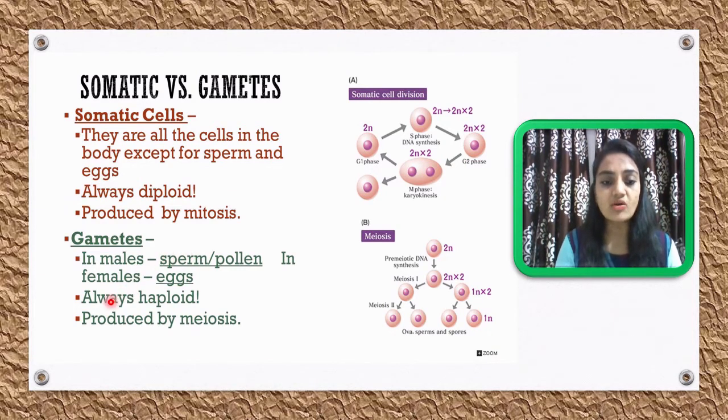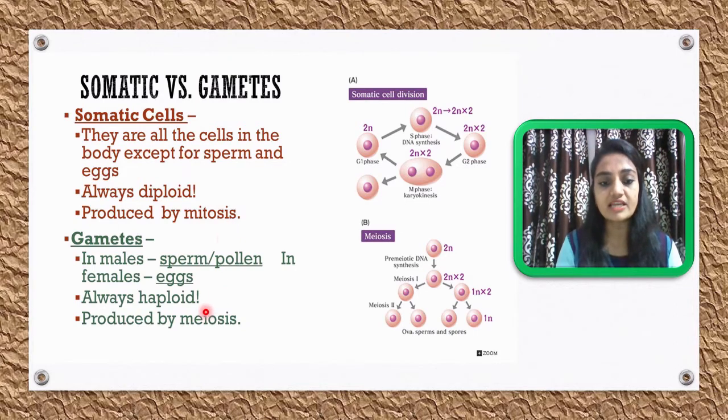They are always haploid, meaning n number of chromosomes is present, whereas here 2n number of chromosomes is present. So haploid cells are produced by the meiosis process. We have to understand very clearly that when mitosis occurs, each cell is a somatic kind of cell with a diploid number of chromosomes, produced by mitosis.